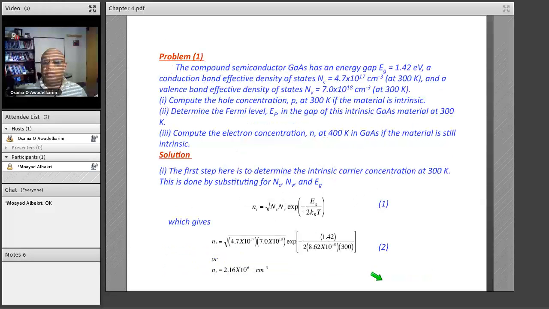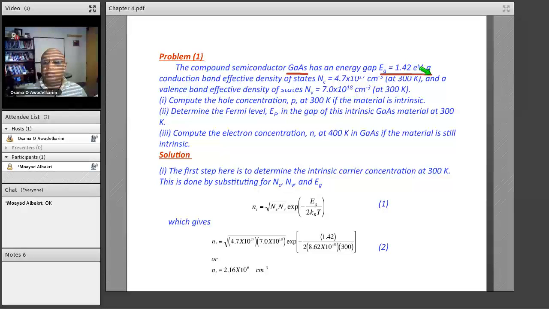Now I'm going to do a problem, just to try to cement this. Let us have a compound semiconductor, which is gallium arsenide. We know from the tables that I showed you the band gap for gallium arsenide is 1.42 electron volts.